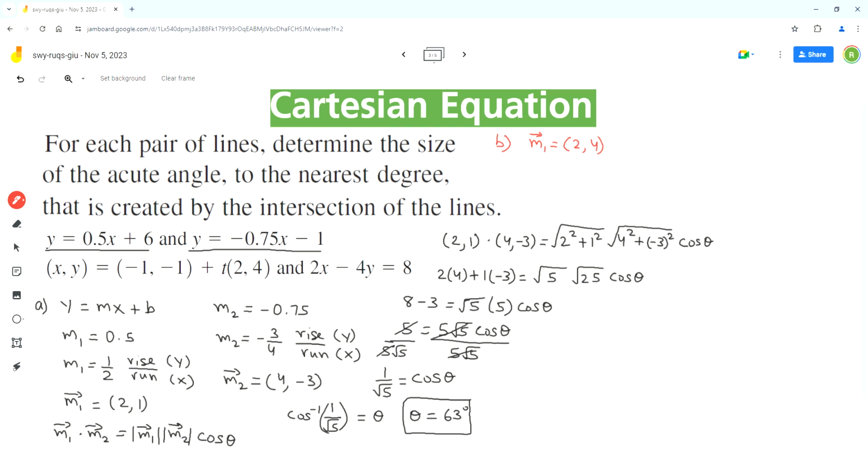The second equation is not in vector form. So we can rewrite the given second equation in Cartesian form by moving the 8 to the left side of the equation. We can subtract 8 from both sides.